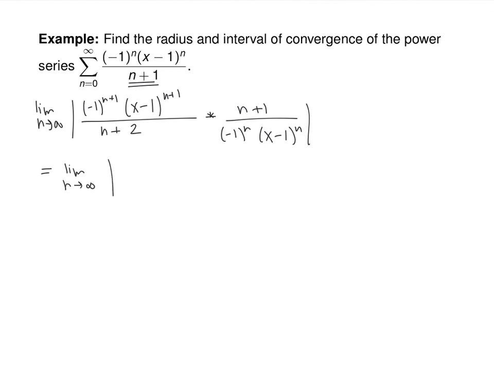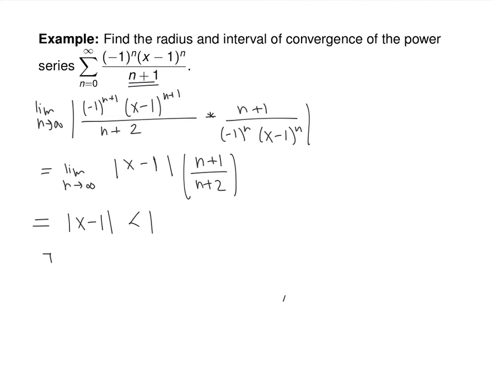So that's the absolute value of x minus 1. Just thinking about what's going to cancel. The (x minus 1) to the n's will cancel. The negative 1 to the n's don't matter, so we're just left with x minus 1 times (n plus 1) over (n plus 2). And so that will equal the absolute value of x minus 1, and will converge if this is less than 1. So thus, R is 1.